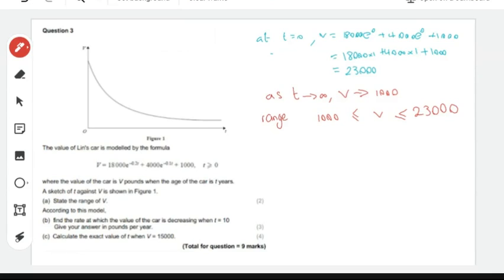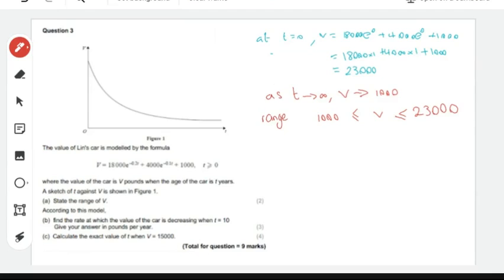Or because is it saying that t is... I'm not sure.